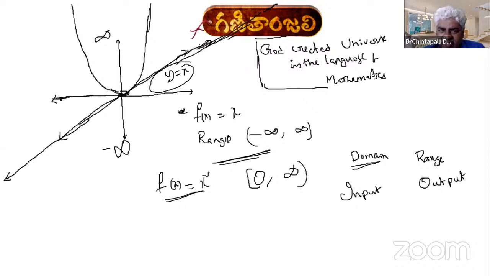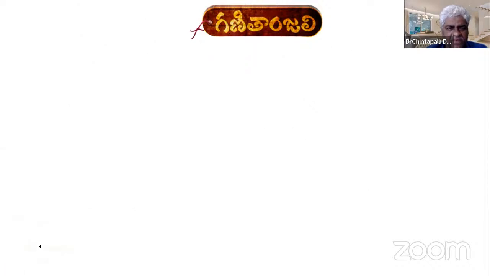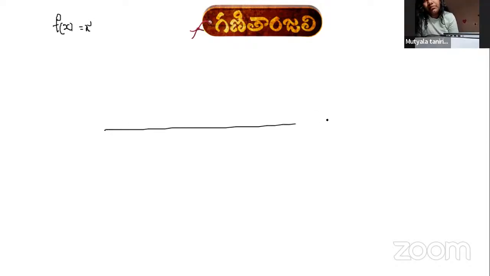Or what values on the x-axis can be taken to draw f of x equal to x square? So anything, whatever we wish. We can take 10. See how to draw the graph of y equal to x square. Let us try to draw the graph of f of x equal to x square. That is y equal to x square, right? Yes. It is the graph.